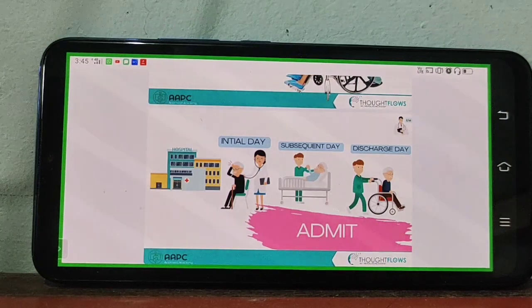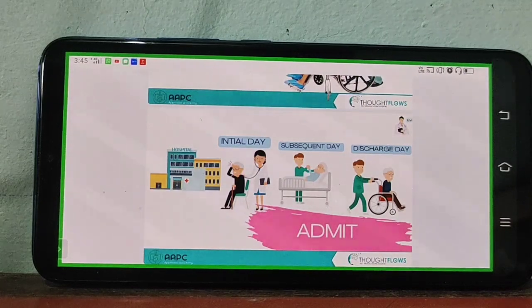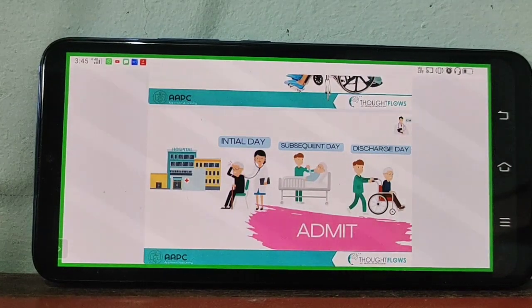On the day of admission, we should apply the code for initial day. Then for a subsequent day, that means on the following day, we should apply the code for subsequent. On the day of discharge, we should report the code for discharge day.